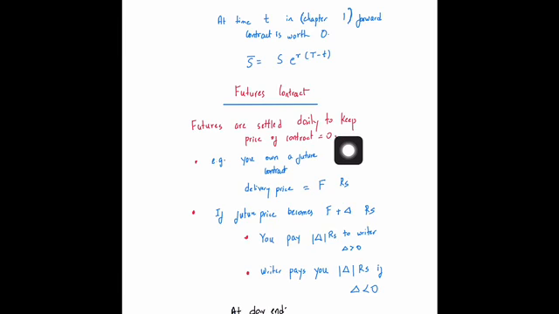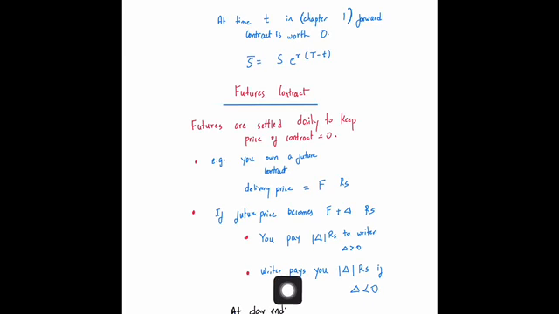That is, say that you own a futures contract with a delivery price F rupees. If the futures become F plus delta rupees, then you will be paid delta by the guy who is writing the contract, the one from whom you will be buying the asset in the future, so that there is no profit made on a particular day.